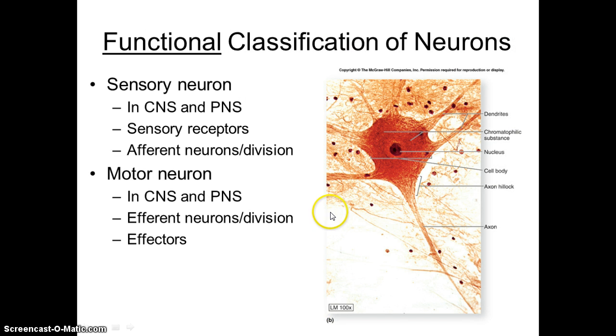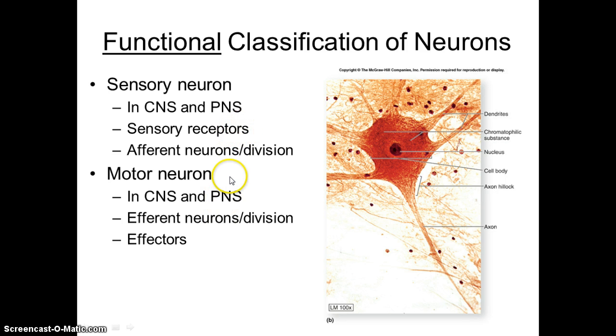All right. Not only can we functionally versus structurally classify the whole nervous system, but we can use those classification divisions for neurons themselves. You're most familiar with functionally classifying neurons as sensory or motor neurons. Both of those types of neurons are found in both the central nervous system as well as the peripheral nervous system. Sensory neurons may be associated with sensory receptors.